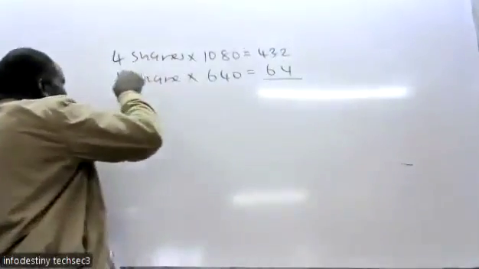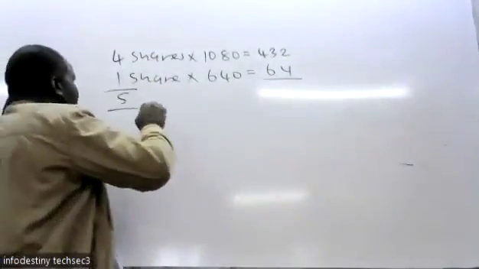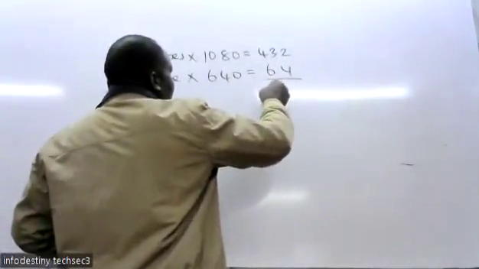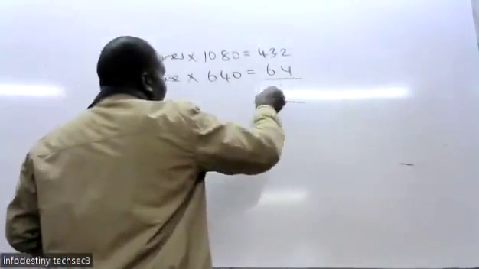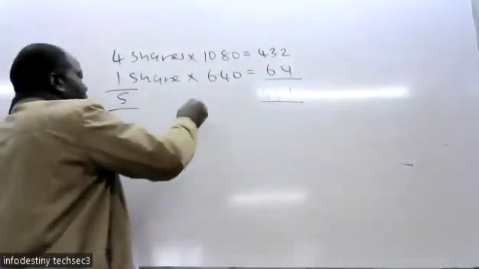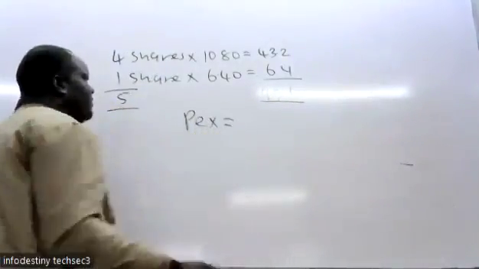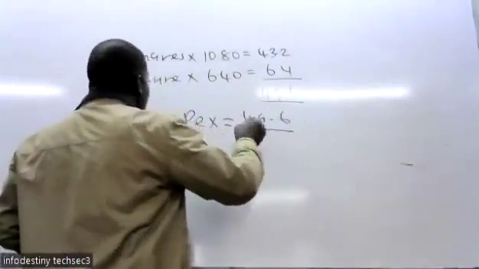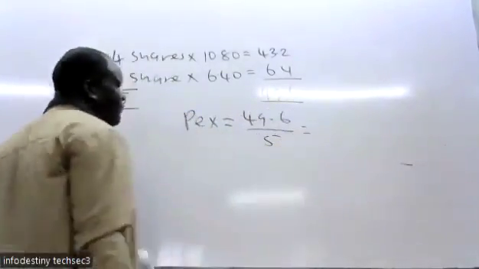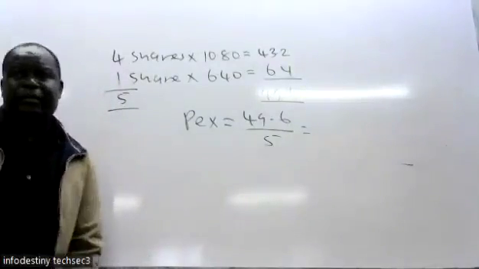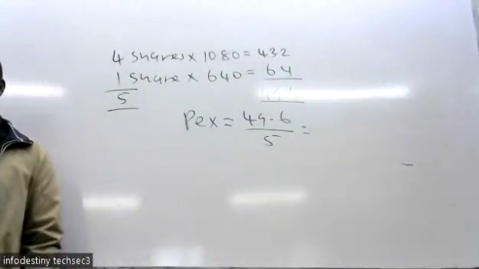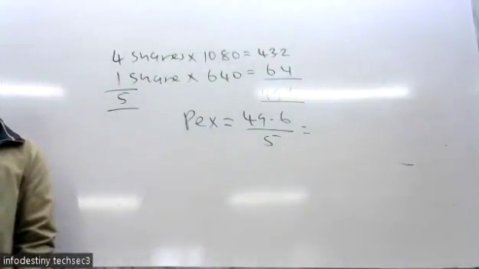When you add, this will be 5 shares, and the total is 49.6. So your theoretical ex-rights price will be 49.6 divided by 5. That's our Roman letter 1.